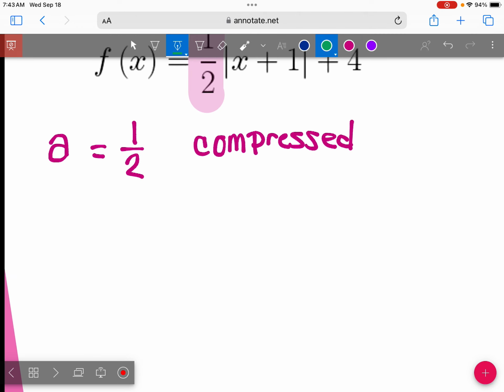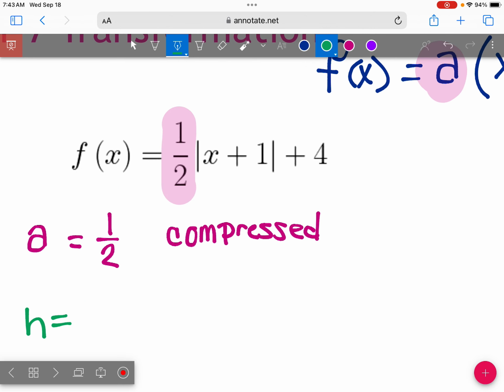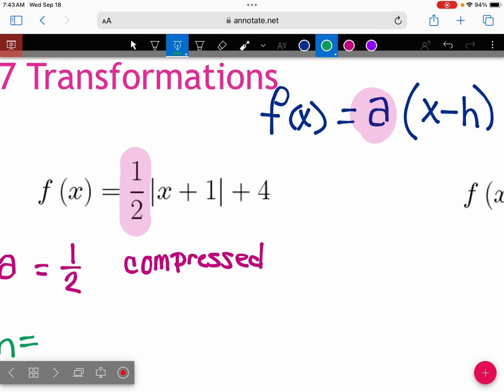All right, so we're going to keep going and keep playing our match 'em up. I want to figure out what H is. Be careful with H. Whoop. Highlighter. The one is positive. It's supposed to be a negative in the formula. So it's supposed to be x minus whatever my H is. So what would make a minus sign turn into a positive?